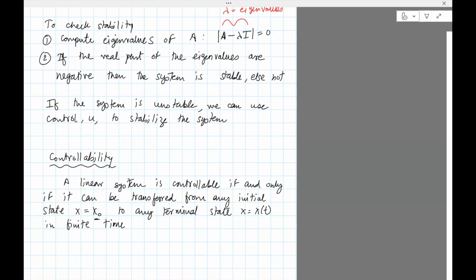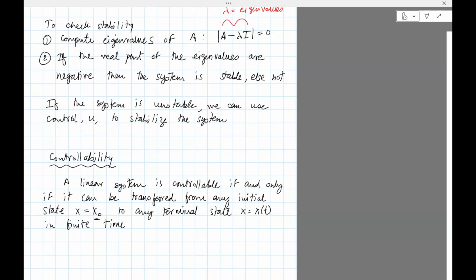You choose those two positions. If you can find U such that you can get from 0 to that particular position, then you say the system is controllable, which means you need to solve this for that particular U for every conceivable combination of x0 and xt.